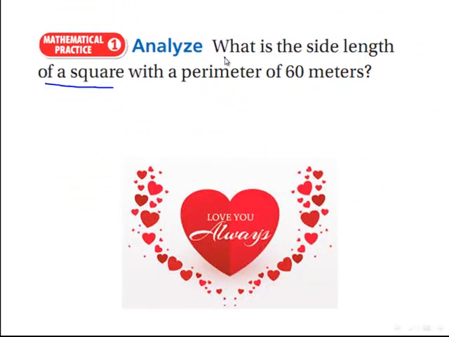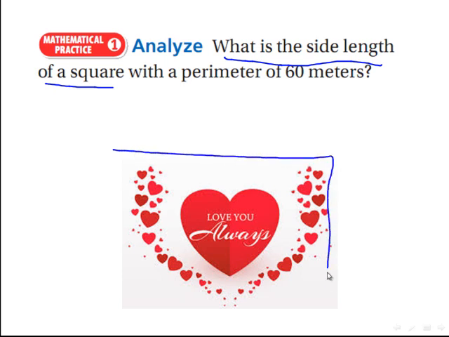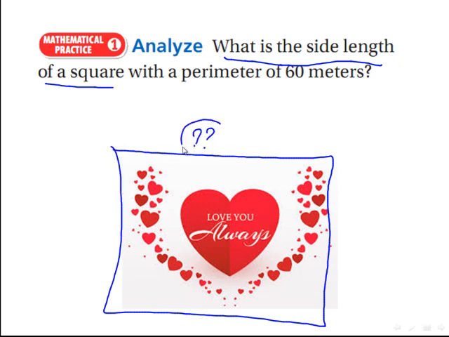Super. What is the side length of a square? He asked you about the side length, which is here, of a square. And you have information from before. A square has the same side length for each side.